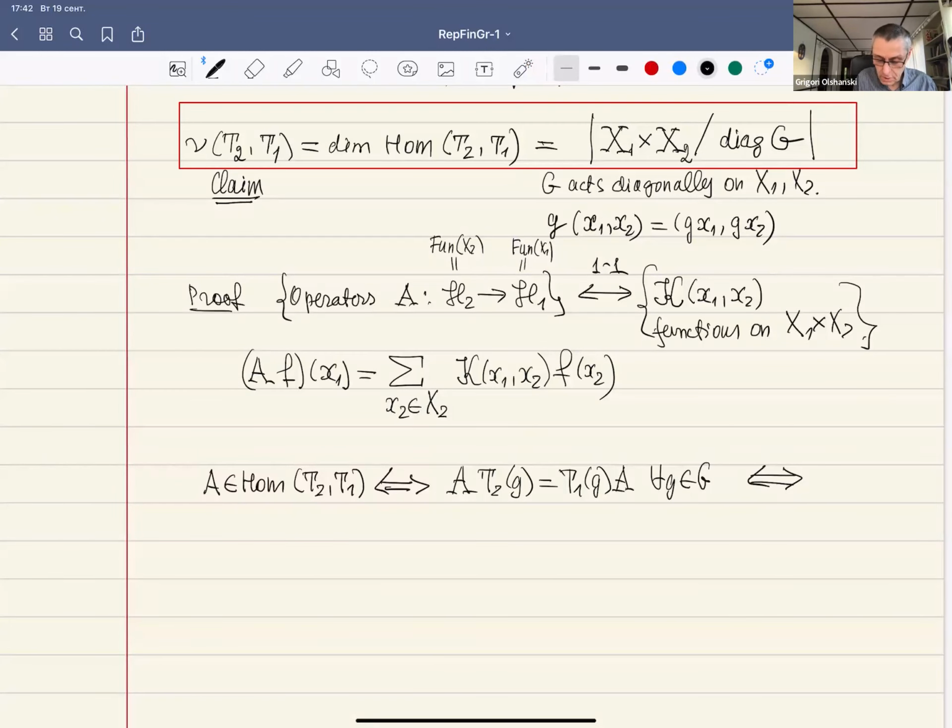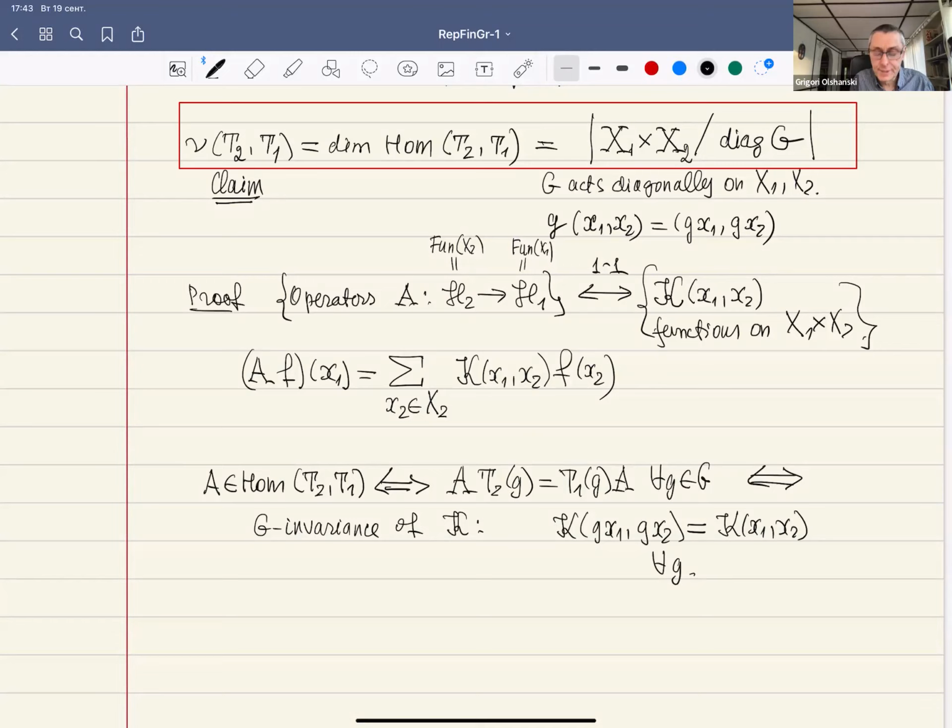So this is equivalent to G-invariance of K, which means that K(x1, x2) should be equal to K(g x1, g x2) for any g.